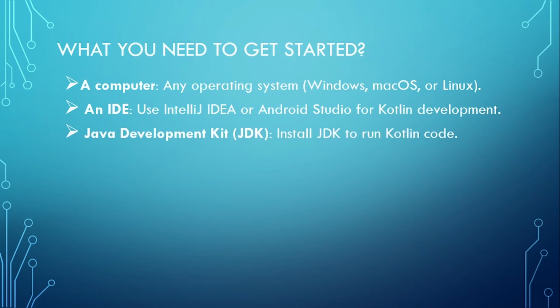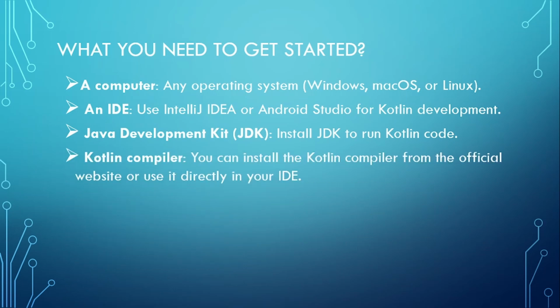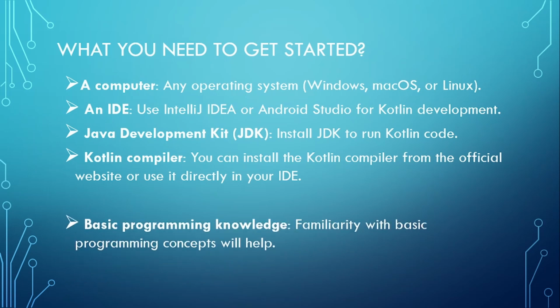Java development kit is important to run your codes. As I said earlier, the Java development kit and JVM is important for running and compiling your codes. Kotlin compiler. You can install the Kotlin compiler from its official website, or directly you can use it by IDE like IntelliJ or Android Studio.